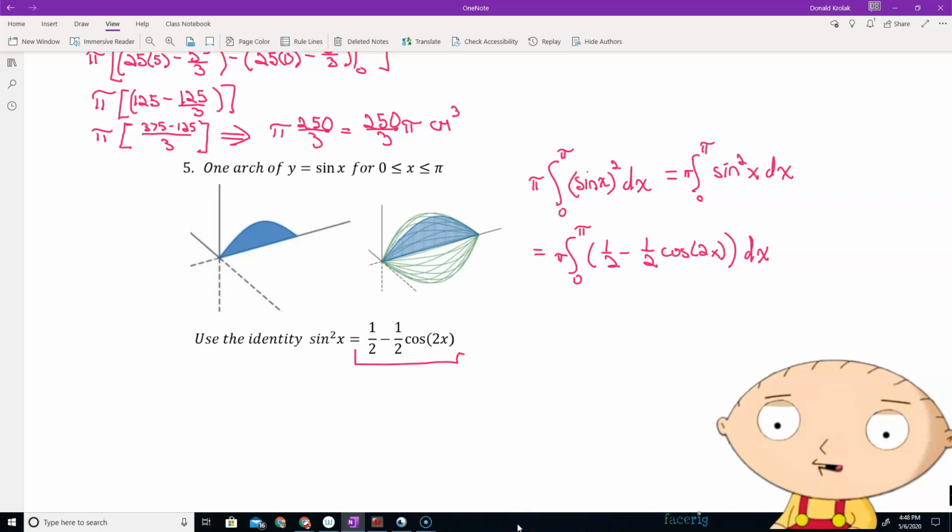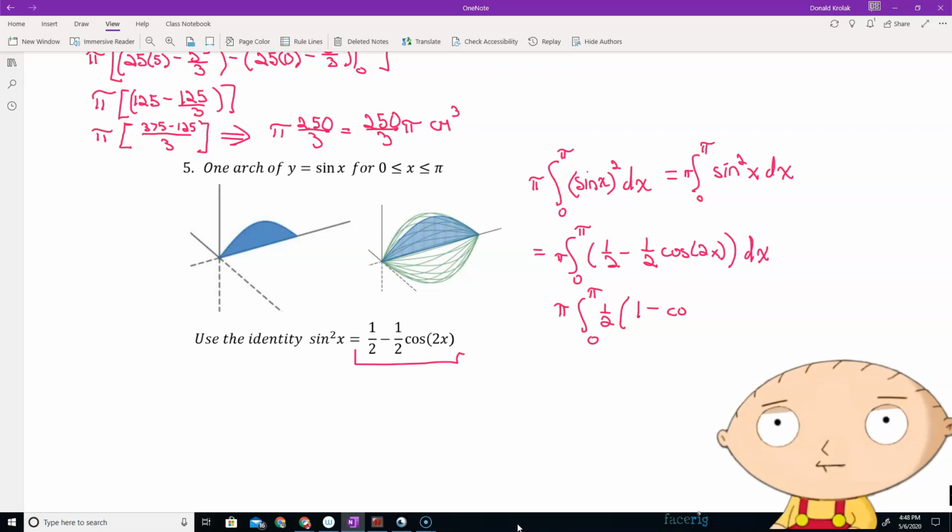Okay, I can factor out, before I even start to integrate, I'm going to factor out the 1/2, making it a constant, and therefore I can pull it out front.